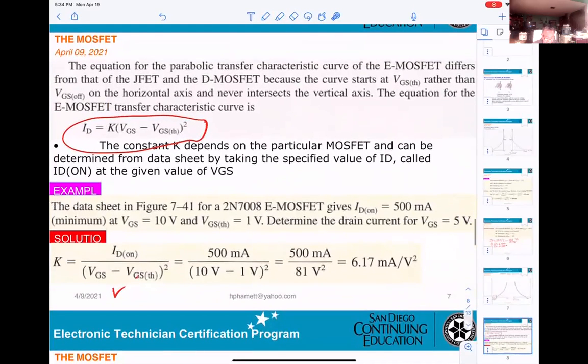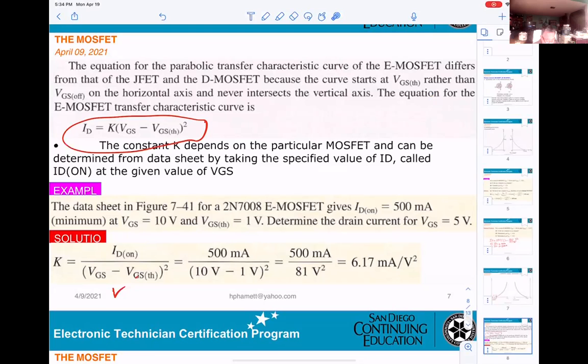Now, the equation for the parabolic transfer characteristic curve of the E MOSFET differs from that of the JFET and the D MOSFET, because the curve starts at VGSTH rather than VGS off on the horizontal axis and never intersects the vertical axis.